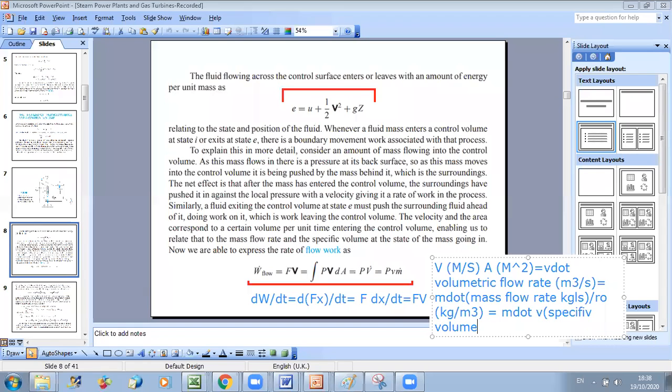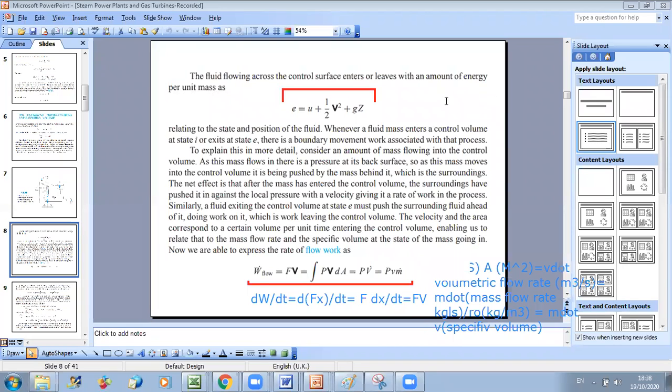I know that you have several V in this equation. I don't want you to confuse between them, so I will just repeat here. The first V is velocity, and here V dot is the volumetric flow rate, which is the specific volume times the mass flow rate m dot.